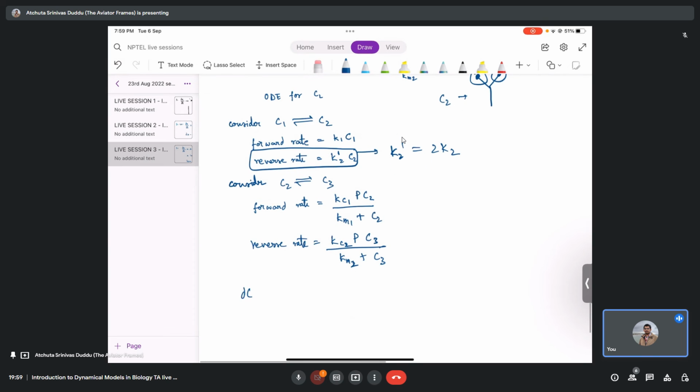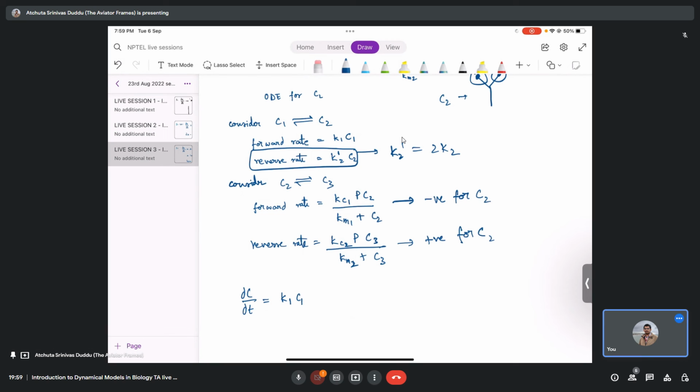So we have dC2 by dt finally equal to the forward rate K1 C1. And for the second part, we need to consider the reverse rate as the positive direction, since the forward rate would be negative for C2, that is, C2 is getting sequestered. Here it would be positive since C2 is getting formed from C3.